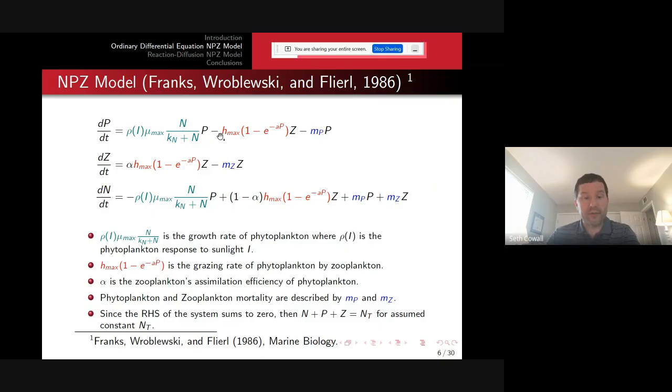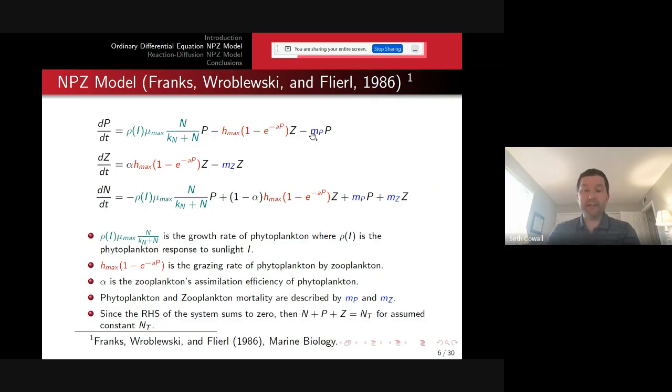Of course, it's a negative in the phytoplankton equation and a positive in the zooplankton equation because the phytoplankton's loss is the zooplankton's gain. For both types of plankton, we have linear death terms, or mortalities, for which I chose M sub P and M sub Z.